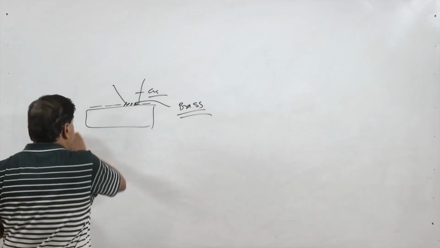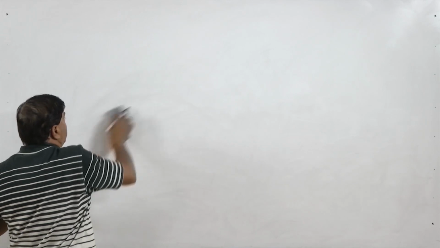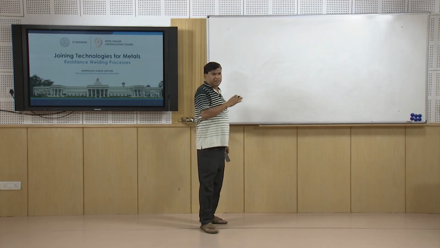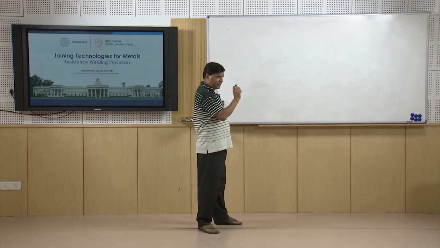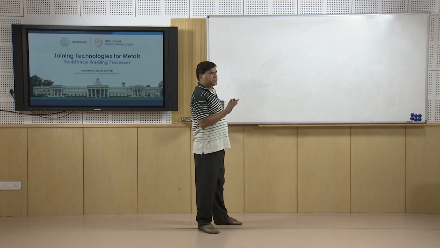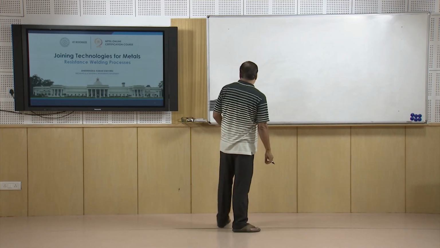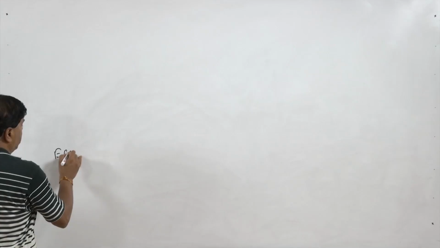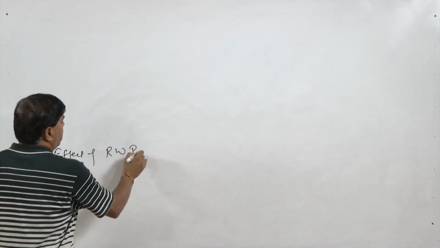So, there is a significant reduction in the number of spot welds which can be made in case of the zinc coated steel sheets, because the formation of brass at the electrode surface increases the wear rate, which in turn reduces the life of the electrode significantly.